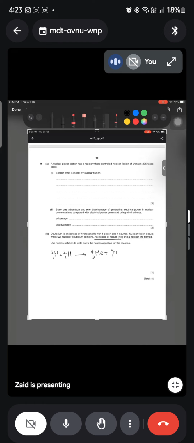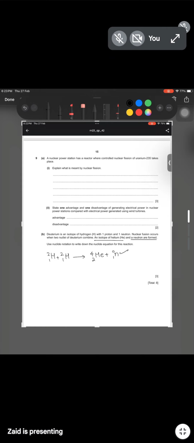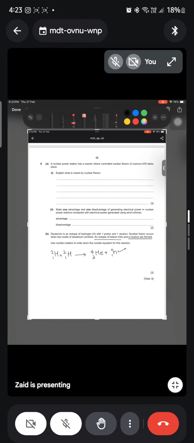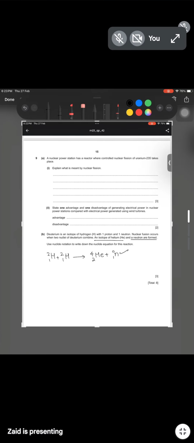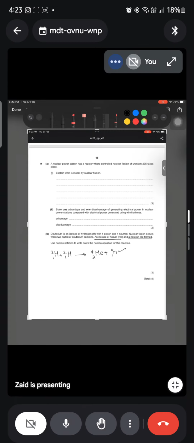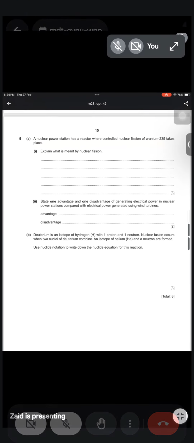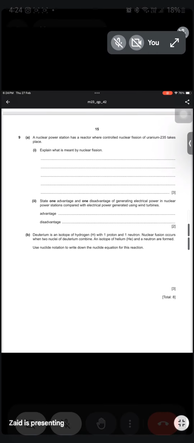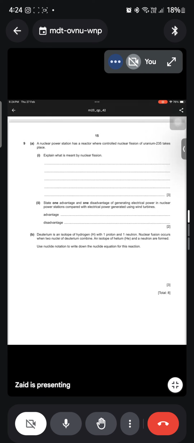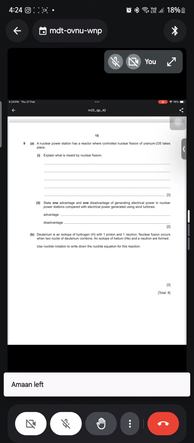But over here, it's not conserved. A neutron is formed. Okay, so the neutron is formed. That's good. This is going to be the equation. A neutron is released, and they say helium is formed. I think it should be 3H1. Just let me check the marking scheme. Wait.